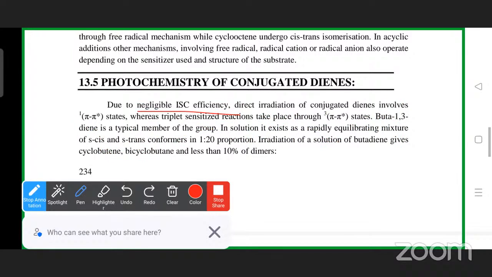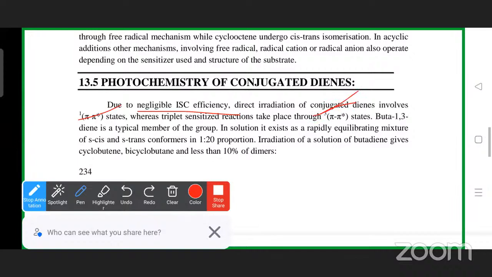So here the direct irradiation of these dienes leads to singlet pi to pi star transitions. And upon triplet sensitization, it is going to acquire the pi to pi star transition triplet state.